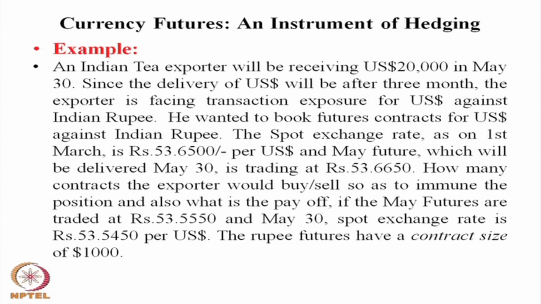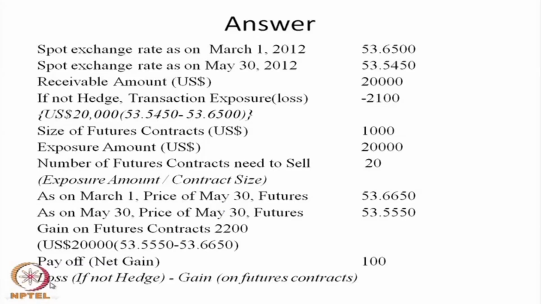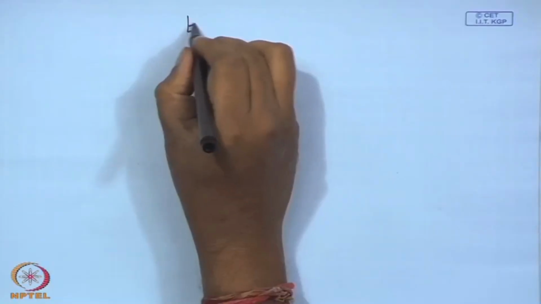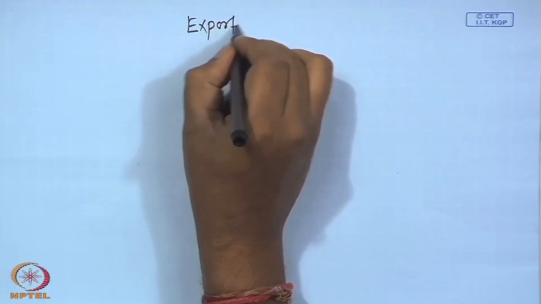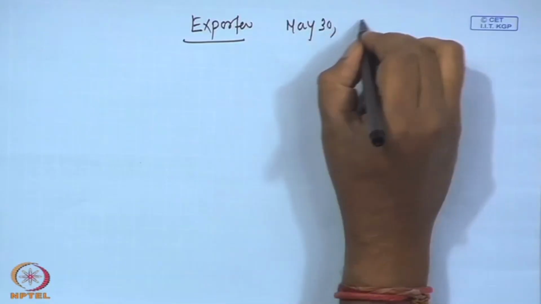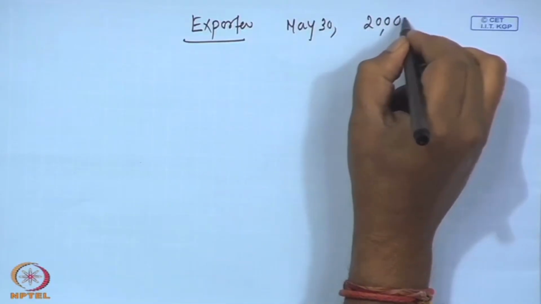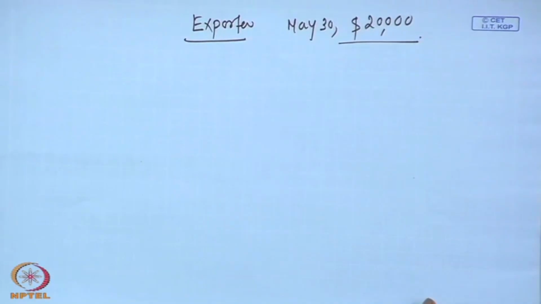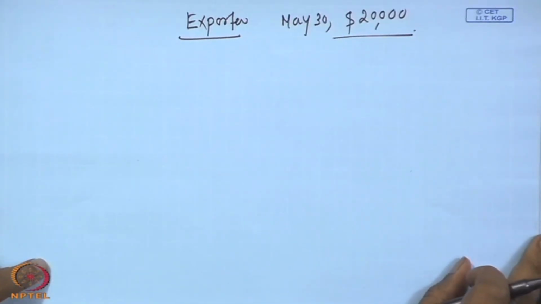So, how can you proceed with this problem? You have to understand step by step what is available to us, then you can calculate and estimate the payoff. The exporter is receiving $20,000 on May 30th.